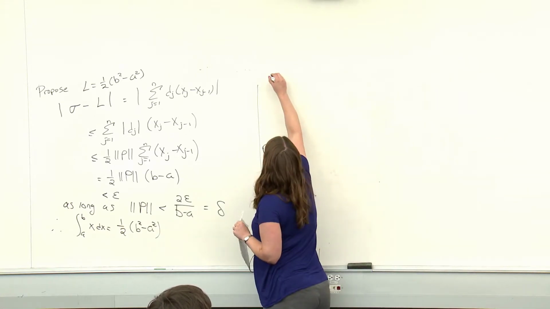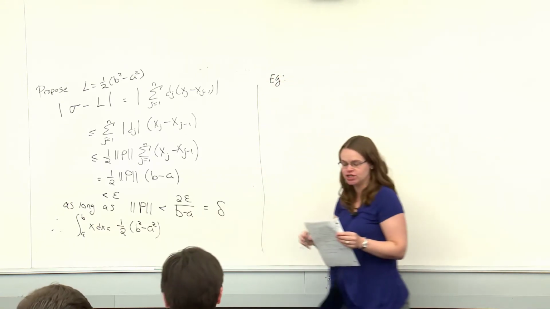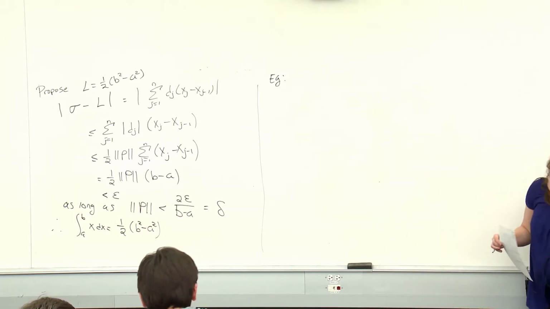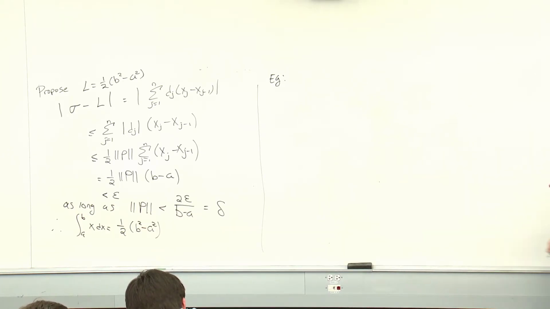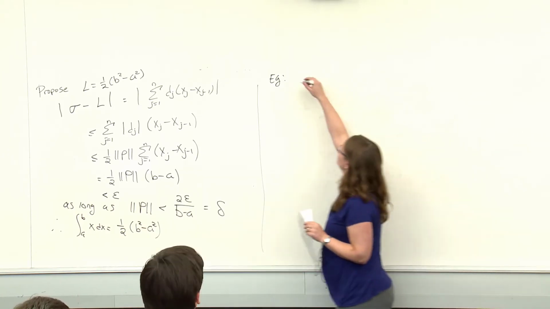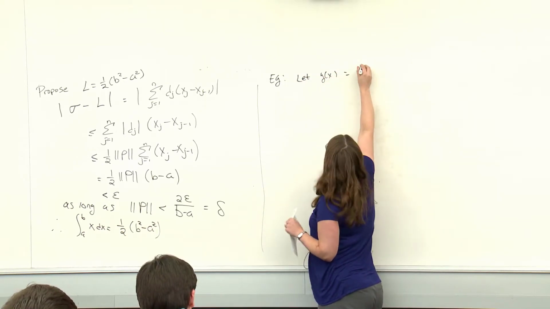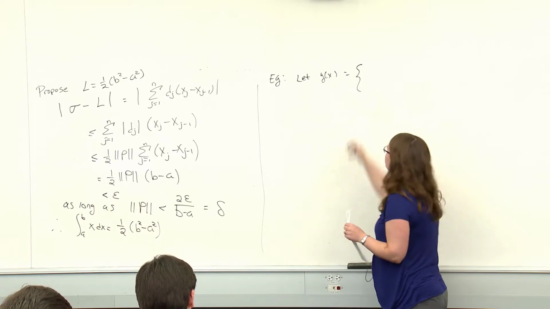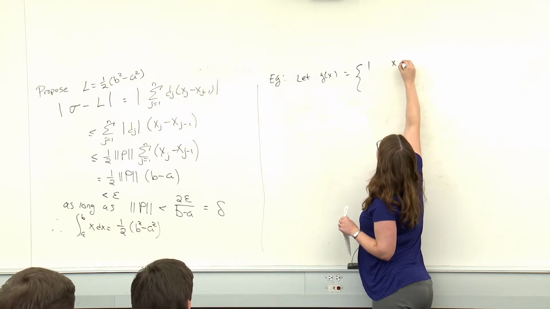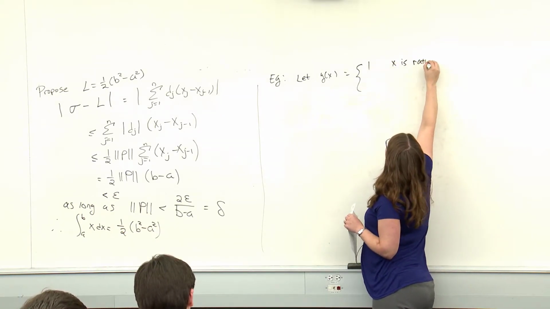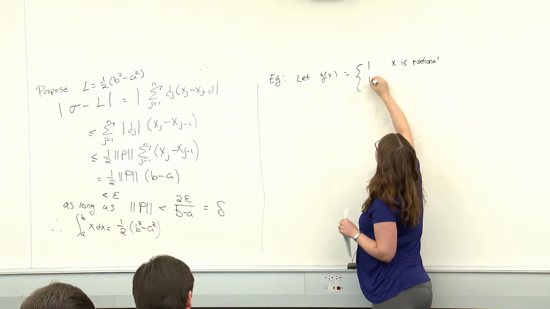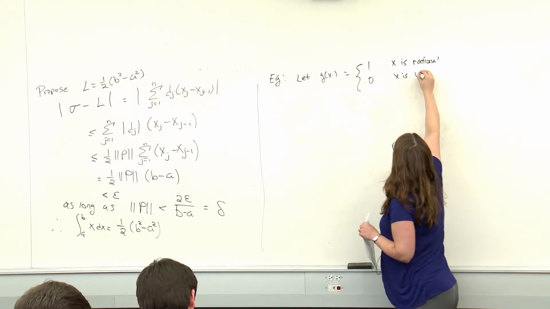So here is a somewhat pathological example. And then we'll also do less pathological examples where you also can't do this. But this one's kind of fun. So let g of x be equal to 1 if x is a rational number, and 0 if x is irrational.